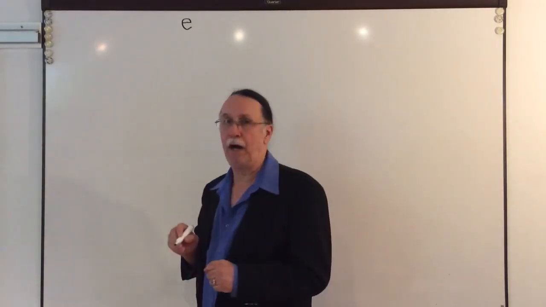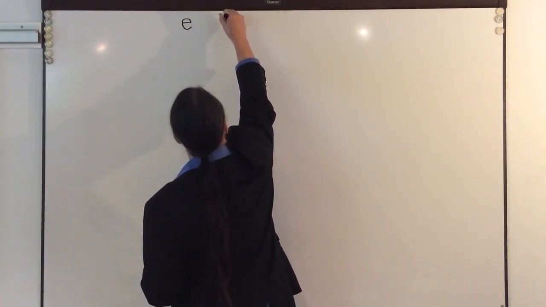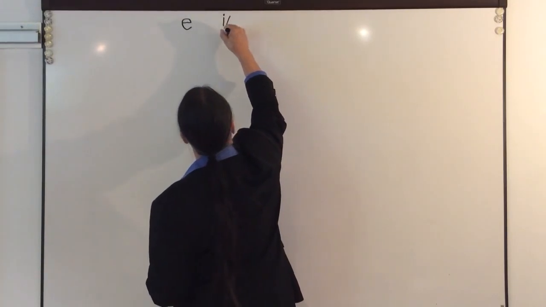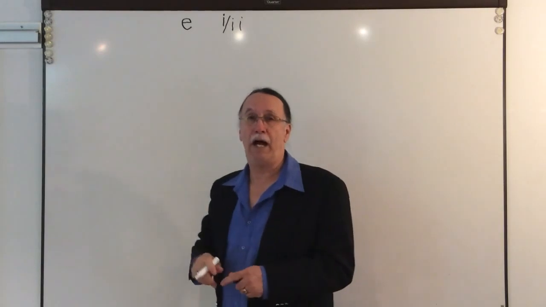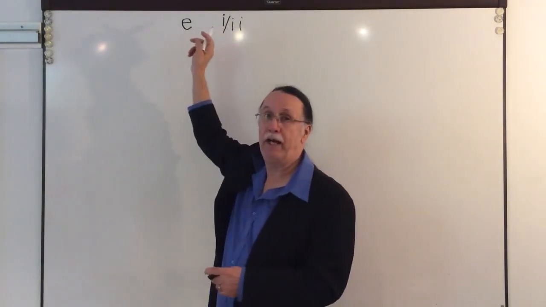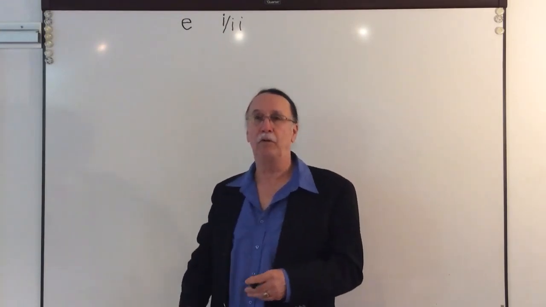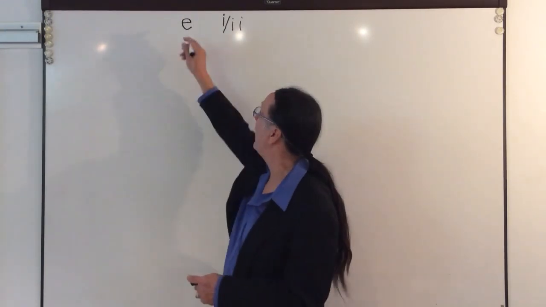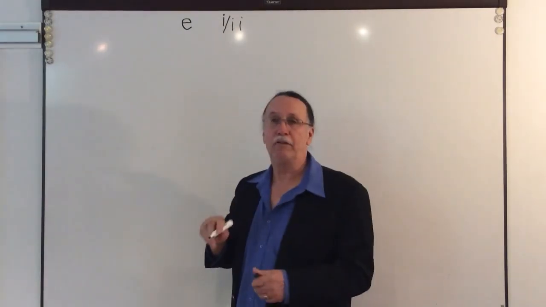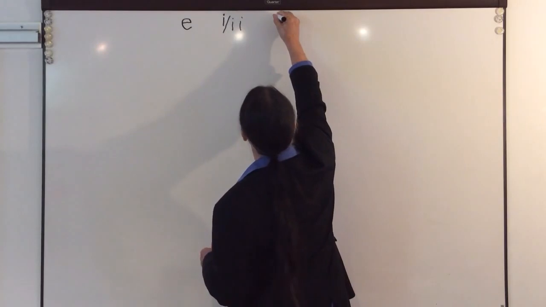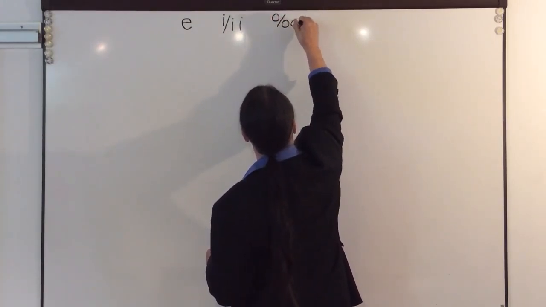Okay, now the next vowel, and for that sound we use an I. So there's a long and a short I. The short I is just one I, and the long one is two I's. Okay. The next vowel is O. Again, short and long.